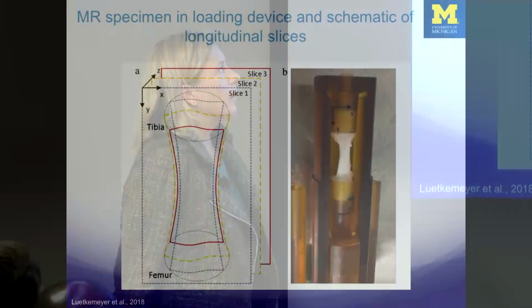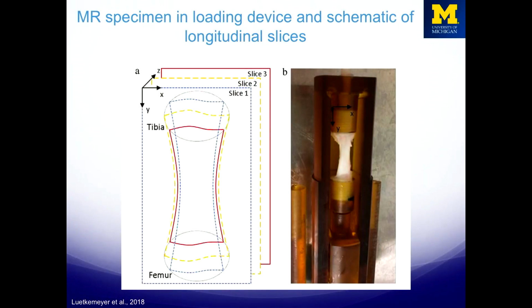Okay, so we've now developed this in situ MRI loading device that gives us the full volume displacement field. So this is the AM bundle in the load chamber. The whole thing goes inside the MR. In our first set of data, we were able to get about 3 slices through the thickness.